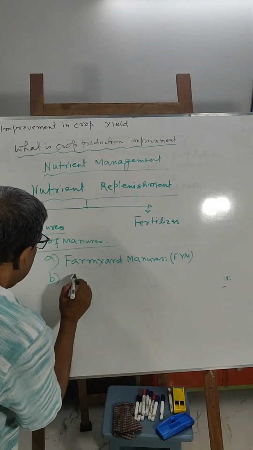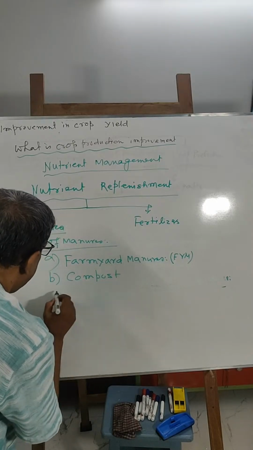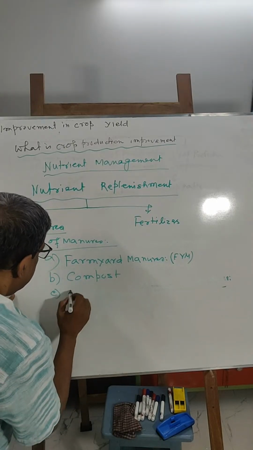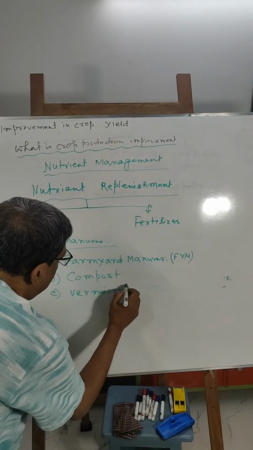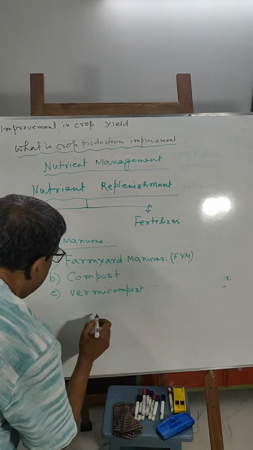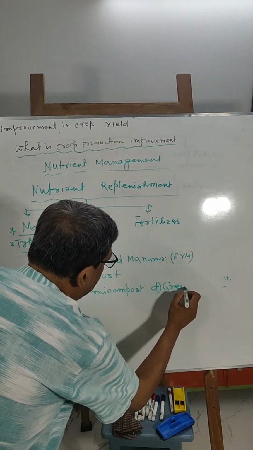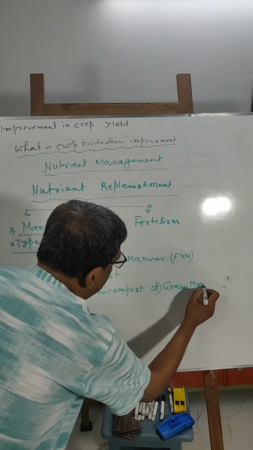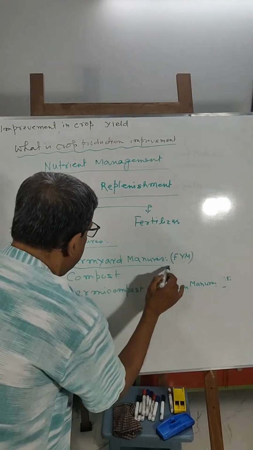Number B, compost. Number C, vermicompost. Number D, green manures. There are 4 types of manures.